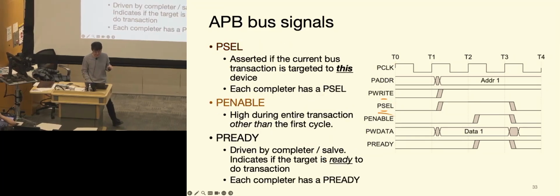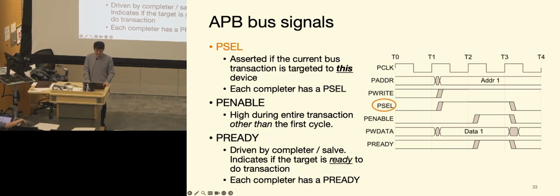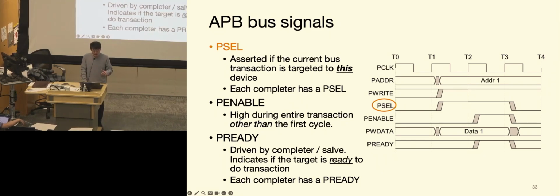Just to make things a little more complicated, we have a few others as well, like the p-select. It's also an input to the slave. It's the select signal, I think you guys mentioned before, for each of the peripherals. It's active high, and it's individually connected. So each completer or slave has its own p-select. And we have the p-enable. It's also an input to the slave.